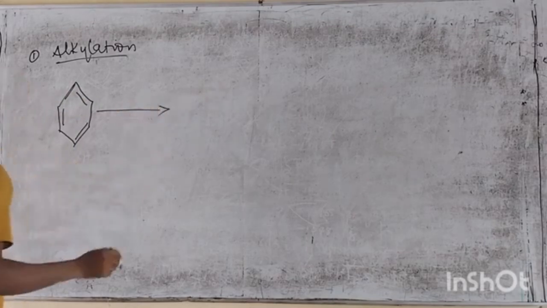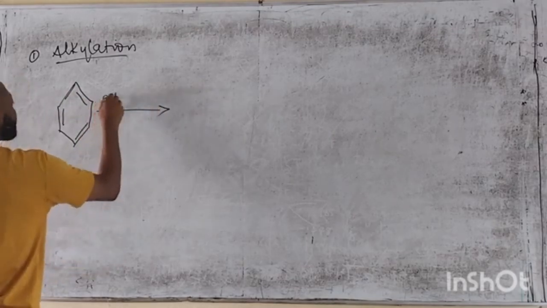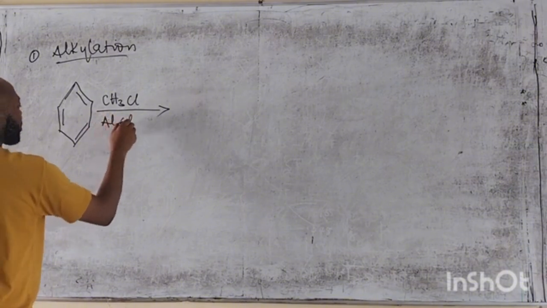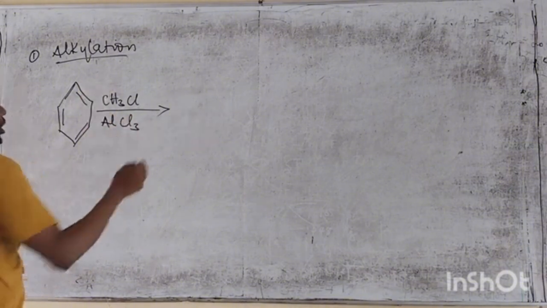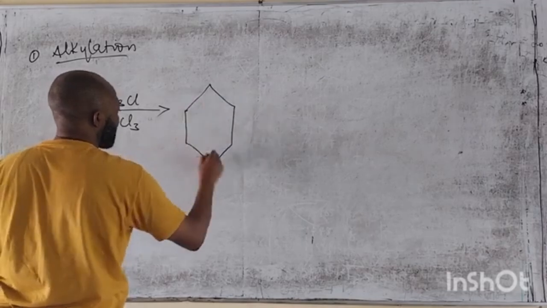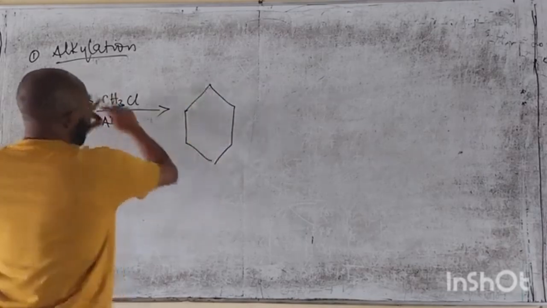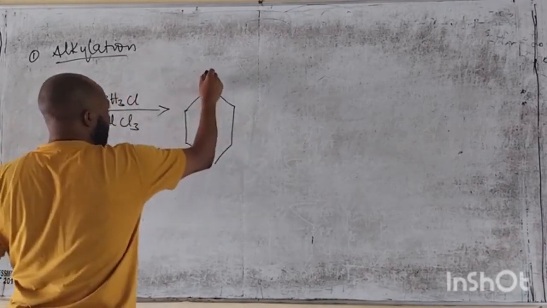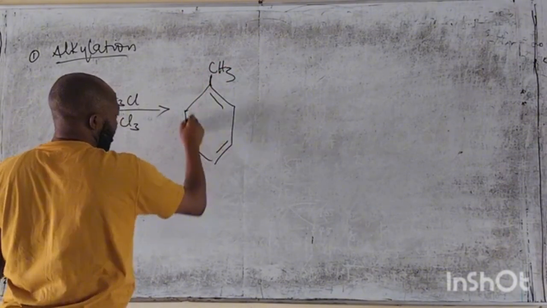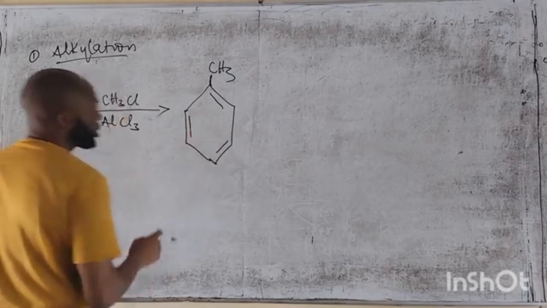And this, I have CH3Cl, I have aluminum trichloride, and this will give me this. When that goes, I know too well that this is what I'm going to get, CH3 here. This is what will happen.